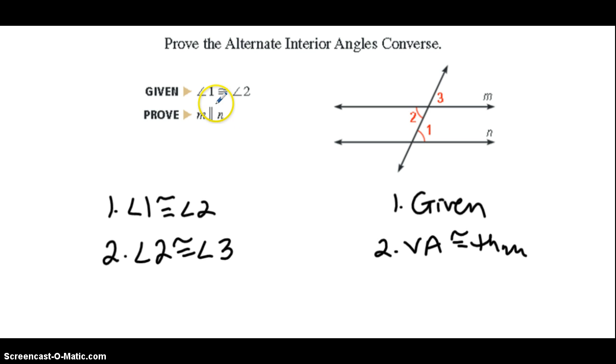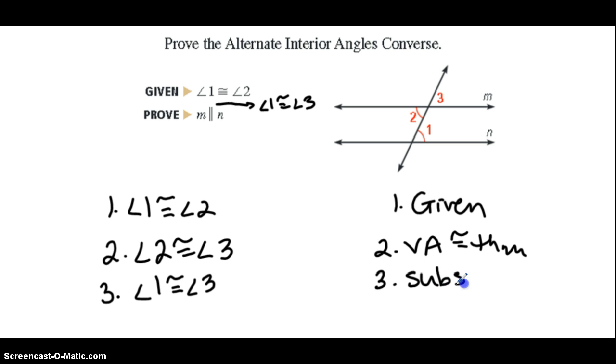And again, remember, if we're thinking about that step right before M parallel to N, we're going to have to show angle 1 is congruent to angle 3. Is there a way that we can do that? Well, we know angle 1 is congruent to angle 2, and 2 is congruent to 3. So the transitive property, which we blanket as the substitution property, gives us that angle 1 is congruent to angle 3.